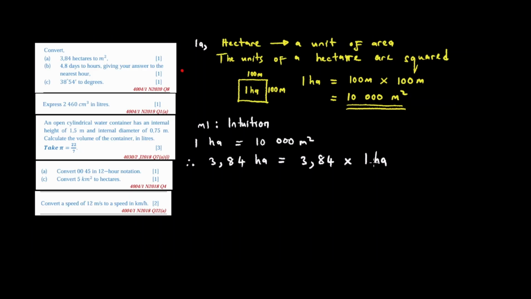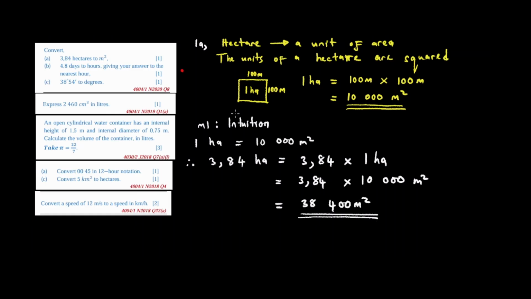3,84 hectares is actually 3,84 times 1 hectare. Since we want to convert from hectares to meters squared, we can then substitute 1 hectare with 10,000 meters squared. Now if we multiply 3,84 times 10,000, since this is actually paper 1 where we do not use a calculator, our answer is going to be 38,400 meters squared.